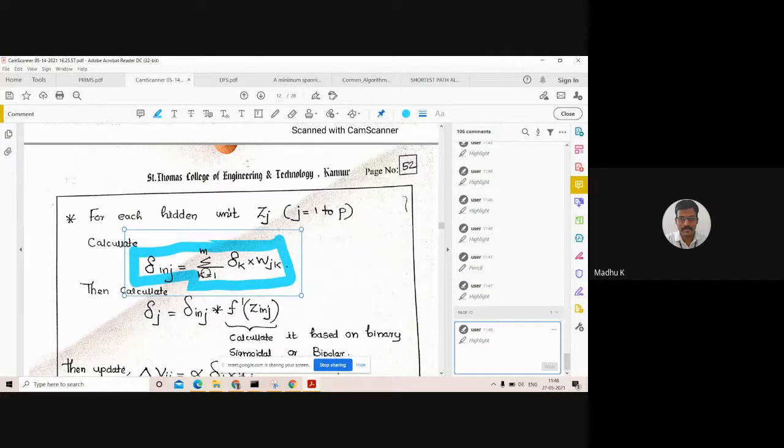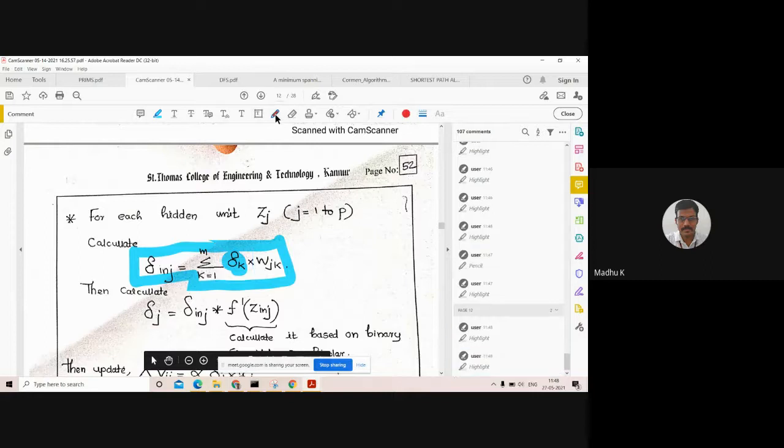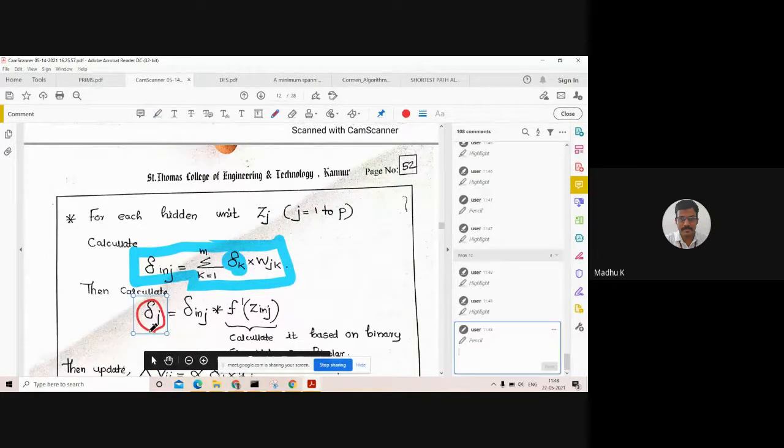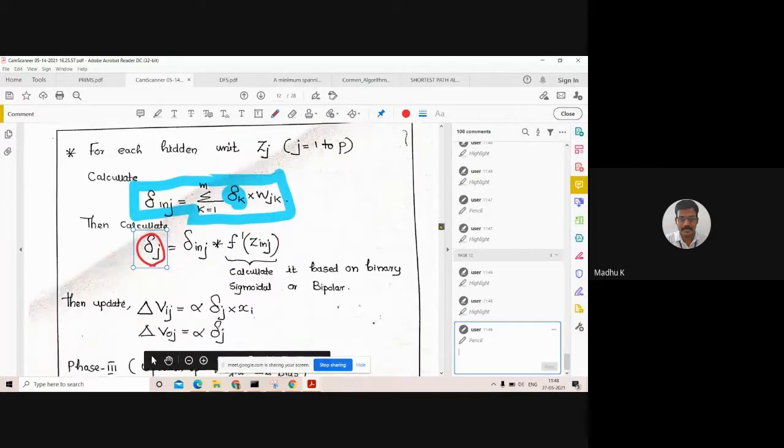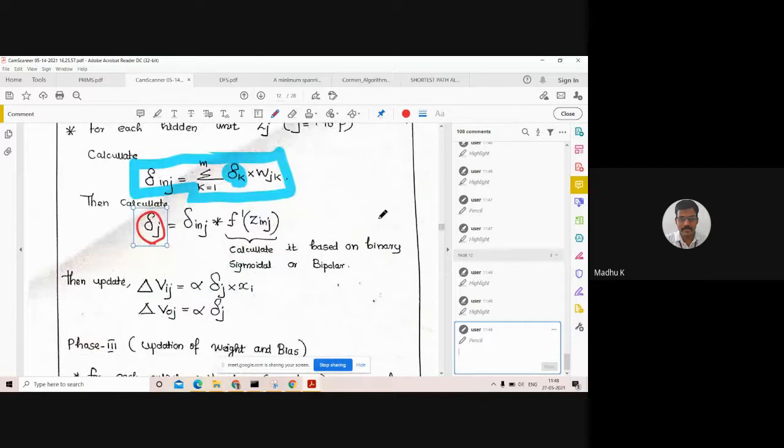Rho in j is equal to sigma k equals 1 to n of rho k into wjk. This is the error correction term. We will calculate the error correction term at the hidden layer, rho j. Rho j is equal to rho in j into f dash of z in j.